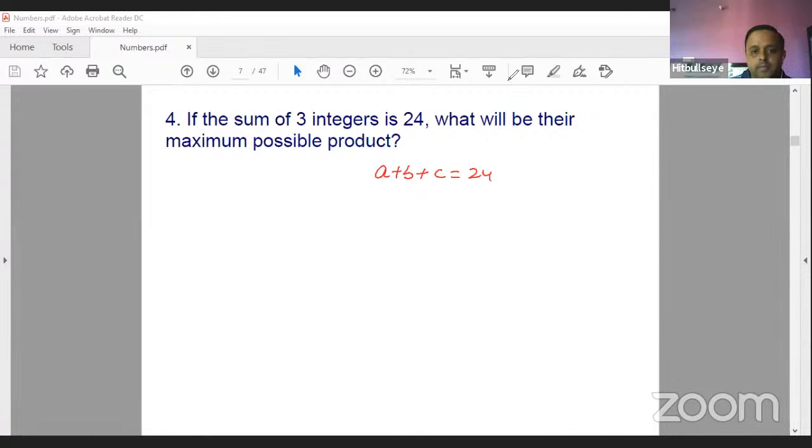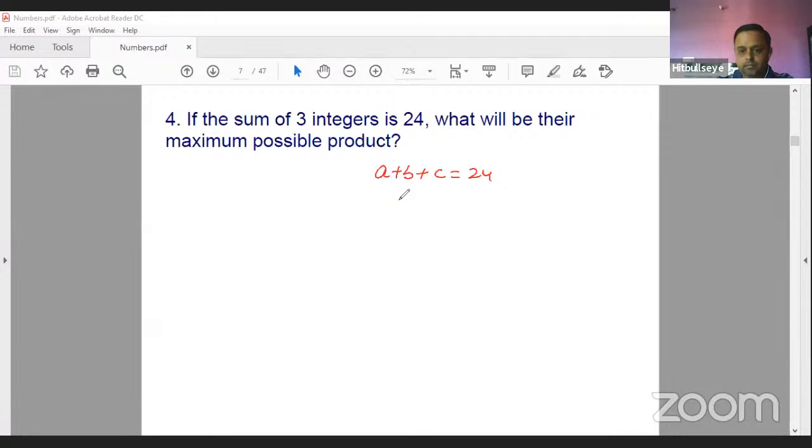What is the maximum possible product? Think about the numbers whose sum is 24 and their product could become the maximum one.